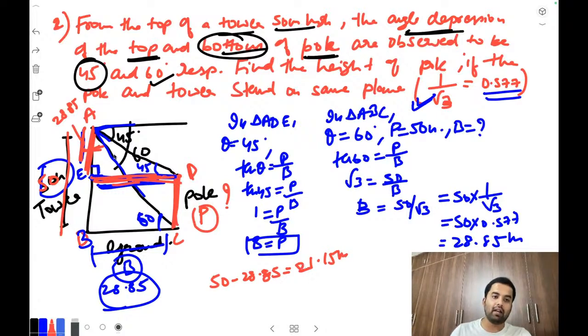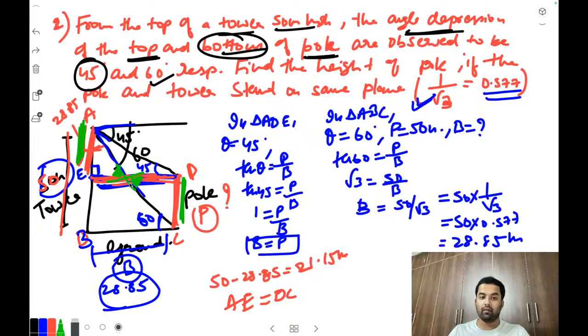But here we got the value of this. But we are saying that, let me mention that also, AE equal to DC. How are we saying this? Let me take a different color, you will understand better. AE equal to DC. How are we saying this, boys and girls? Because lots of concepts are used here. Here it is an X shape, vertically opposite angles.